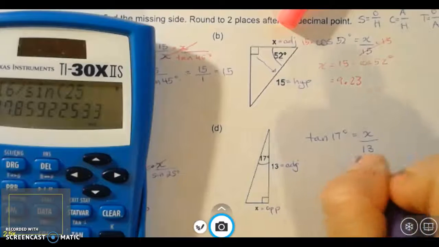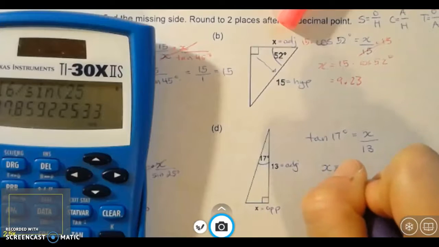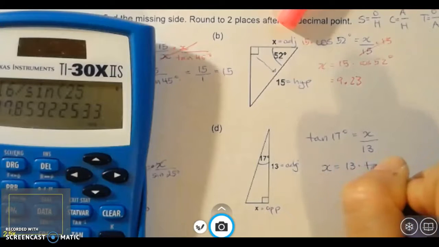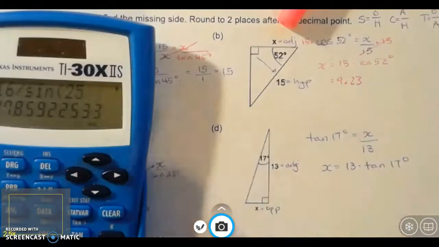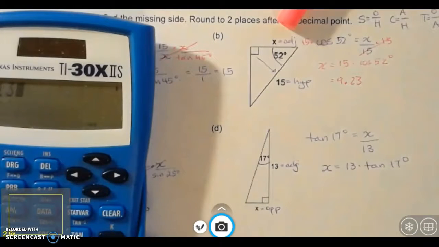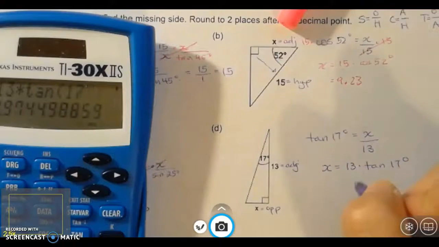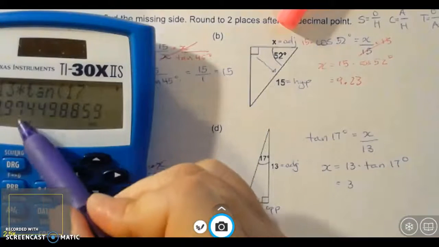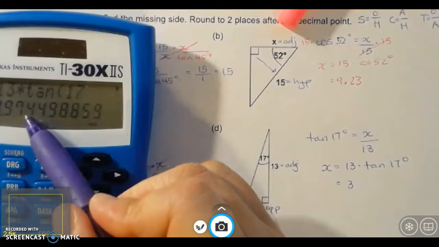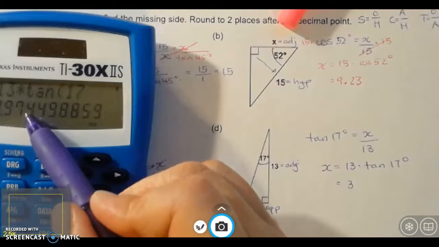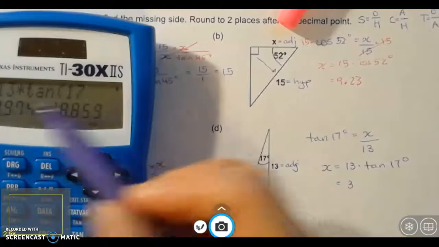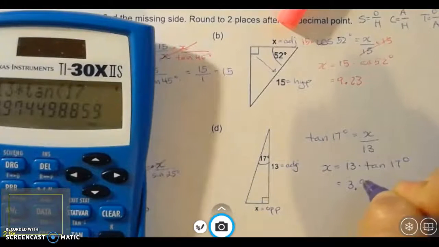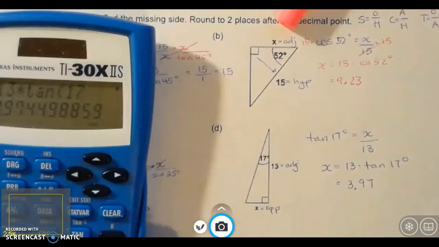Multiplying both sides by 13, I am left with x is equal to 13 times tangent of 17 degrees. And I am left with x is equal to 3.97. Again, cutting it off after the 7, I consider the digit afterwards, and that's 4, and 4 is less than 5. So I leave it as it is, so 3.97 is my final answer.